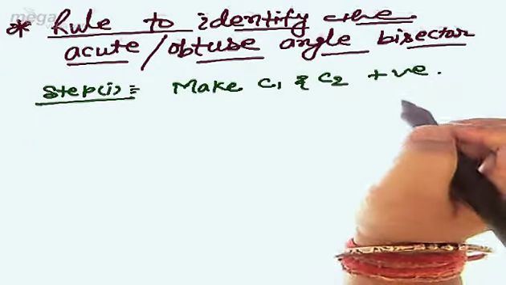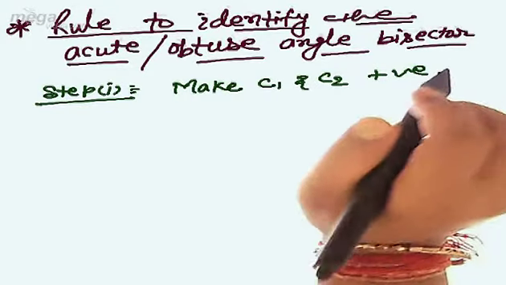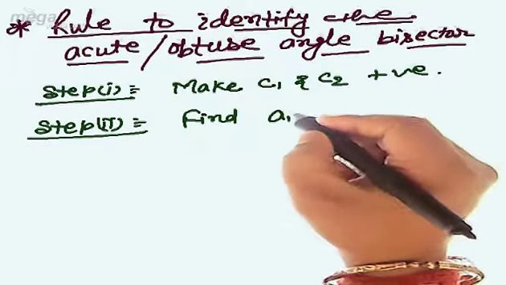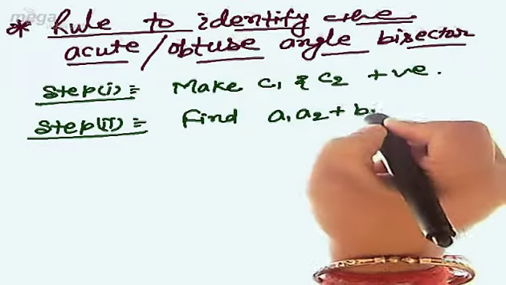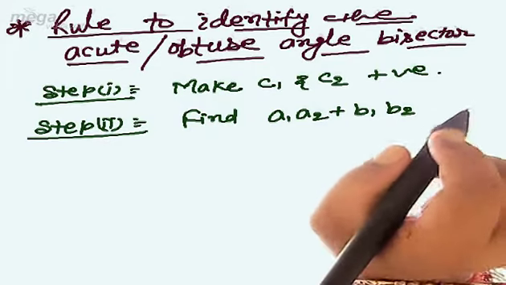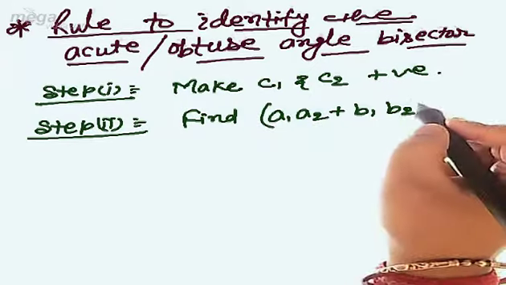If C1 and C2 are positive, then it's okay. Otherwise, make C1 and C2 positive. Then step 2, find A1A2 + B1B2 from the new equation. After making C1 and C2 positive, we find A1A2 + B1B2.